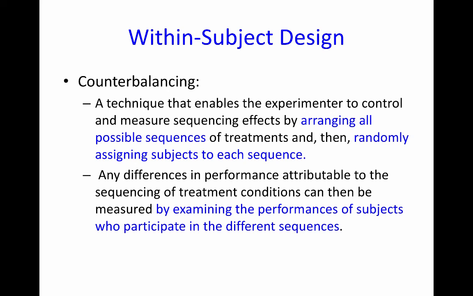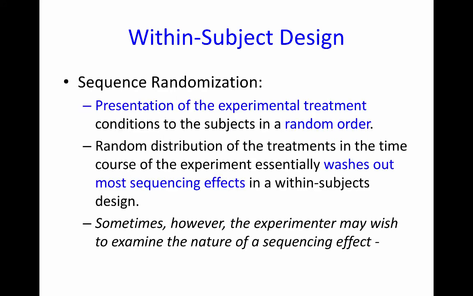So let's say there are three treatments, A, B, and C. They're going to have an A, B, C order, a B, C, A order, a C, A, B order. They'll make sure that every possible order combination is accounted for. And that's called counterbalancing. All right, so counterbalancing and sequence randomization help to overcome these within subject design challenges.